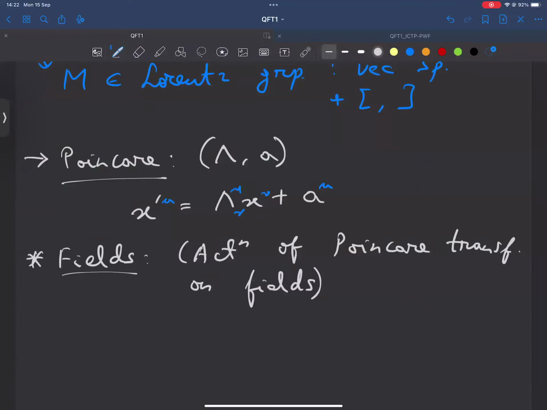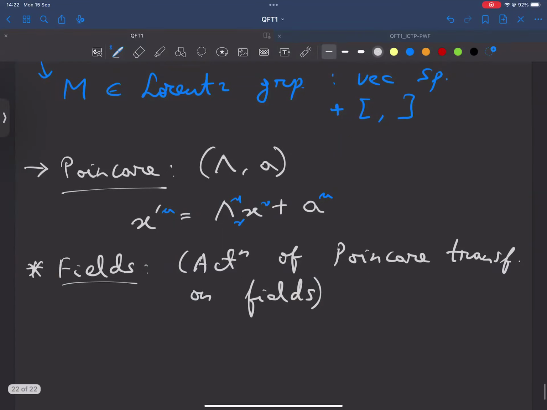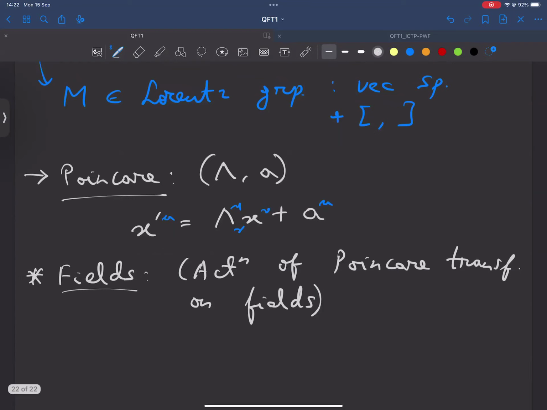We want to write down a Lagrangian, an action, and the dynamics of these things. So we need to understand what happens when these kinds of transformations act on fields, so as to preserve Lorentz invariance, or have nice relativistic causal theories. So our first example will be the scalar field.